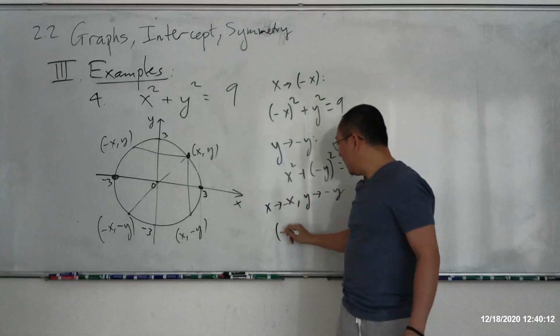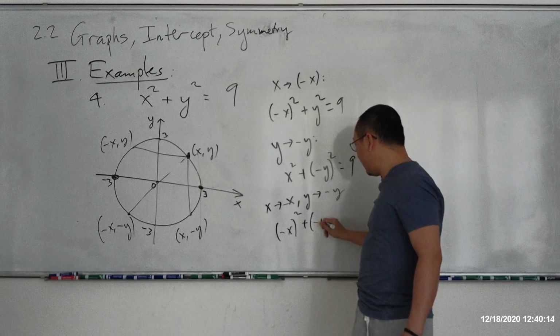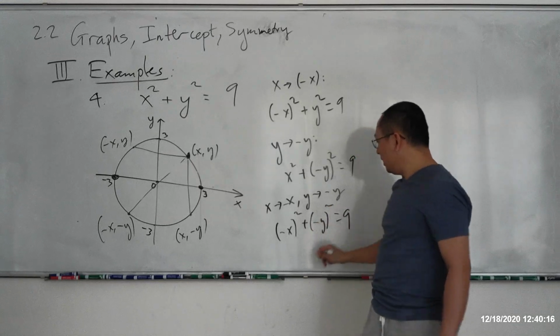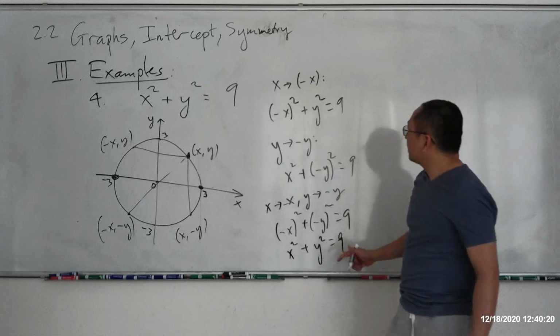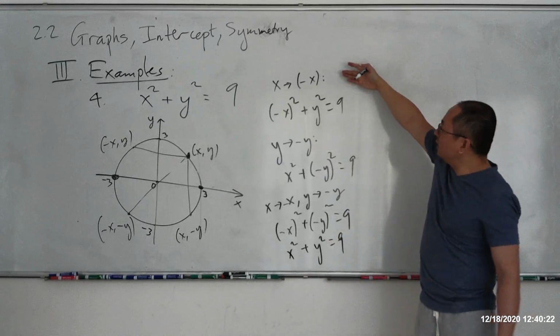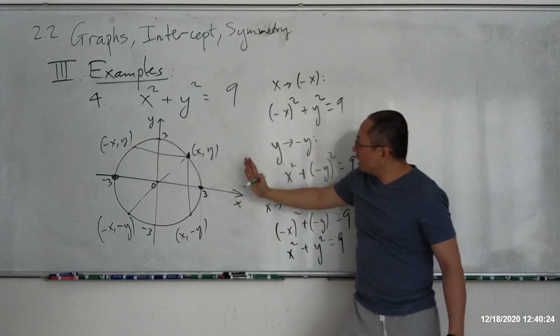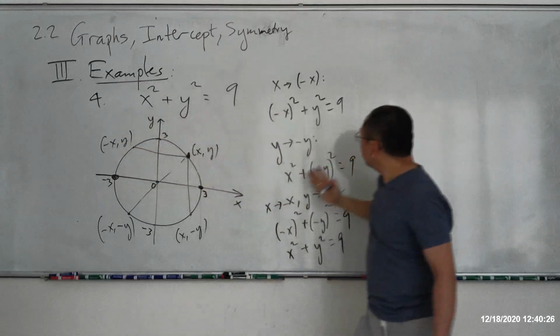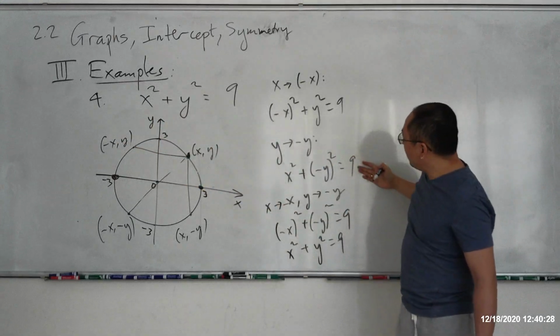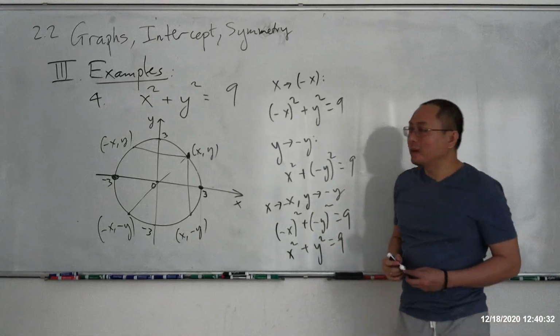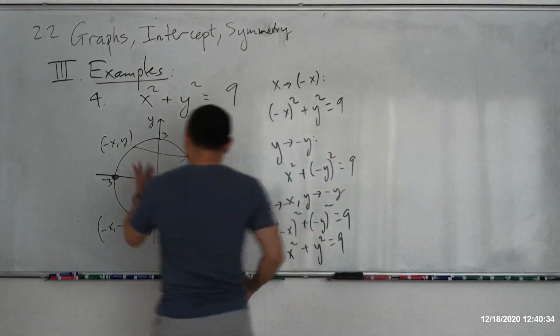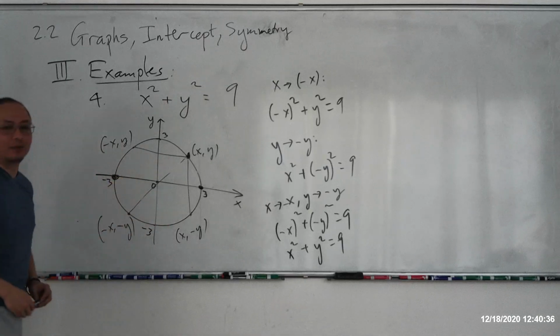You got negative x squared plus negative y squared equal to 9, which is still x squared plus y squared equal to 9. So it works. This is symmetry about the y-axis, x to negative x, symmetry about the x-axis, y to negative y, both symmetry about the origin. Got them all. So this graph satisfies all the conditions, all kinds of symmetries.